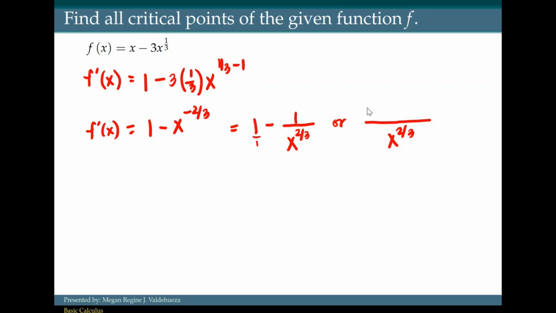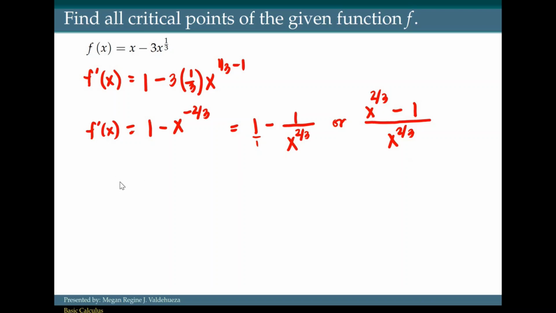So we have x to the power of 2/3 times 1. So we have x to the power of 2/3. Next, LCD divided by the denominator x to the power of 2/3, that is 1, times negative 1 will give us negative 1. So we can have this one, or this one, or this one.